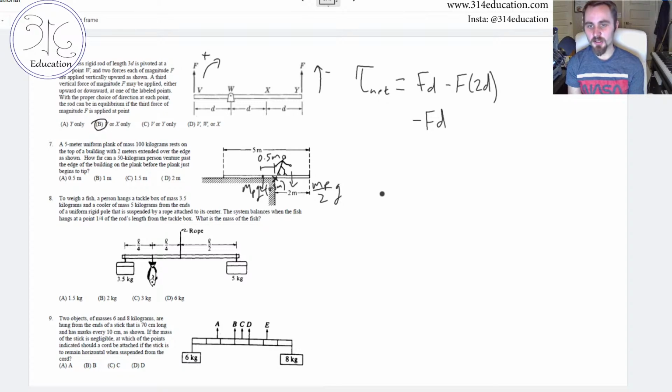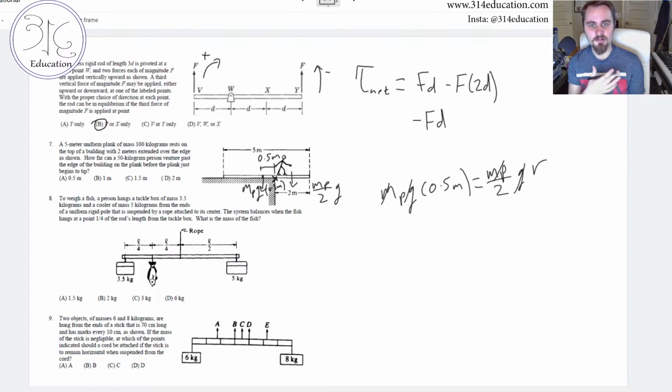And so for these to be equal, mp g times 0.5 meters is going to equal mp over 2 times g times some distance r. The shortcut would be we cancel these out, and we expect our r to be double that, right?